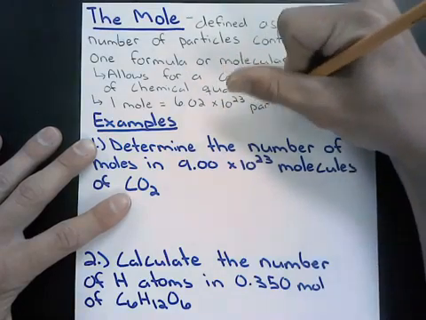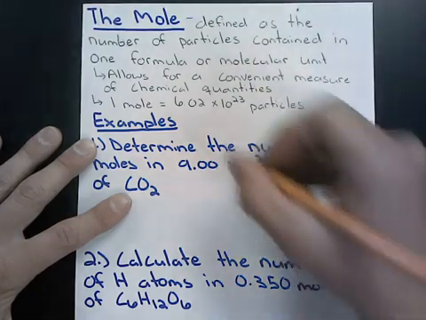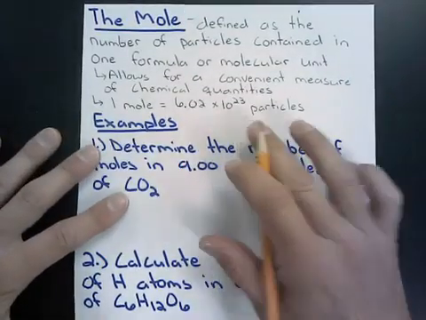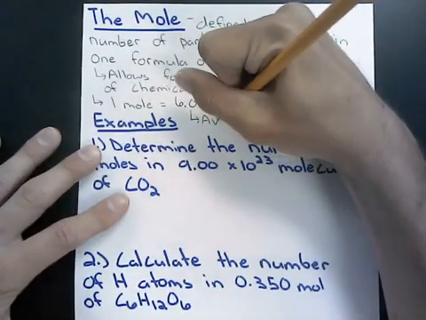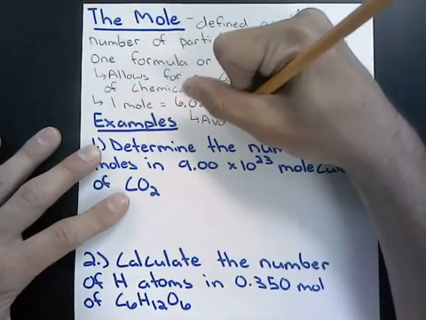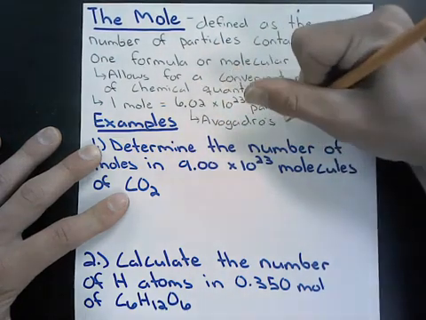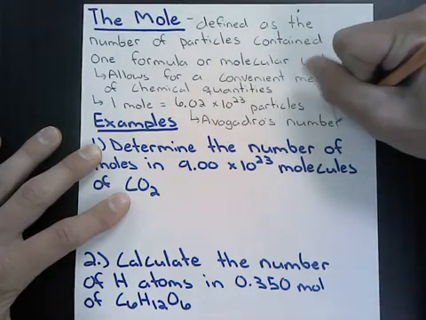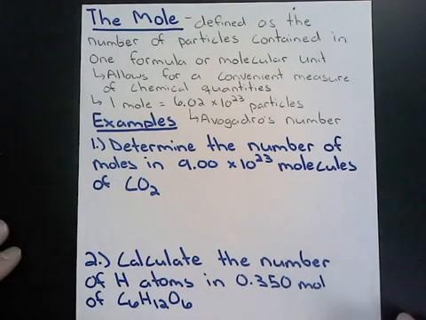And the 6.02 times 10 to the 23rd particles is what we call Avogadro's number. We can use Avogadro's number to convert to and from particular particles.